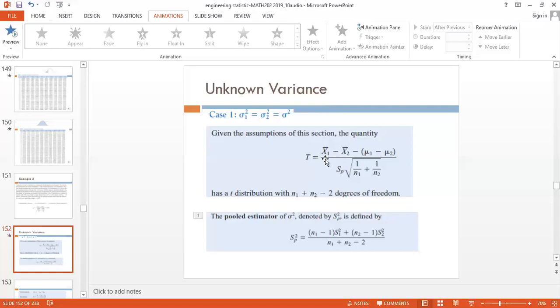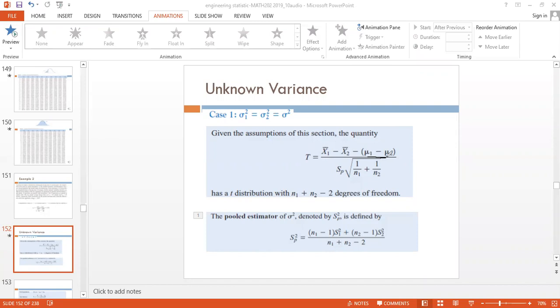That will be x1 minus x2 minus mu1 minus mu2. But because we are saying that the populations of the two samples are the same, then essentially their population means are also likely to be the same, which means that the difference will also go toward zero.